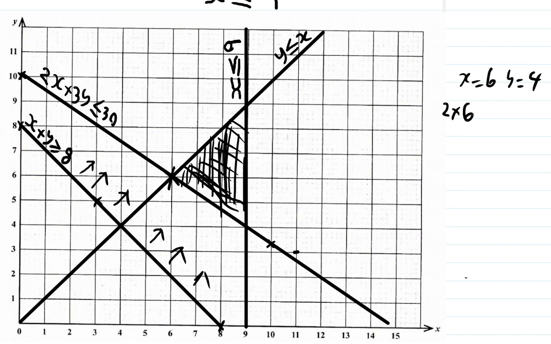Remember, we're using 2x plus 3y is less than or equal to 30. 2 times 6 plus 3 times 4 must be less than or equal to 30. 12 plus 12 is less than or equal to 30. It is. So we're looking at this side of the line right over here.